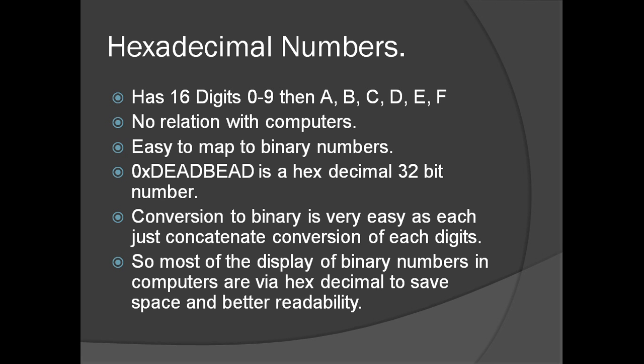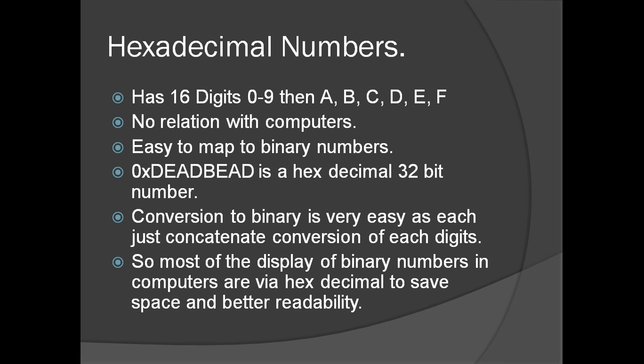It is very easy to map a hexadecimal number to a binary number. So handling binary numbers is extremely difficult because they are just ones and zeros and they are huge numbers. So to remember or to make some sense out of them is very difficult.